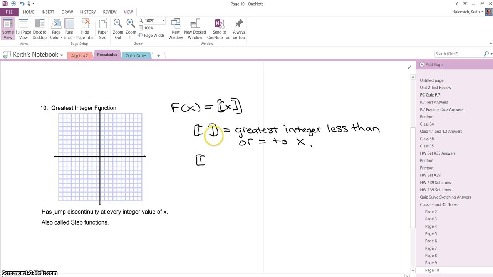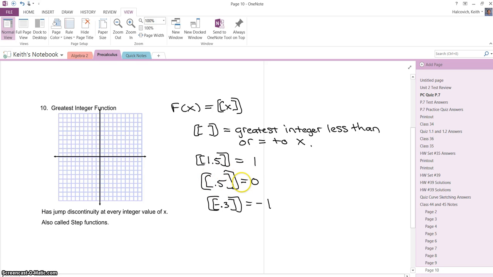So for example, if I said 1.5, greatest integer less than or equal to 1.5, it'd be 1. If I said 0.5, it'd be 0, because that's the greatest integer less than the number. If I said negative 0.3, it would equal negative 1, because the integer that it has to be is less than what is in the little symbol.